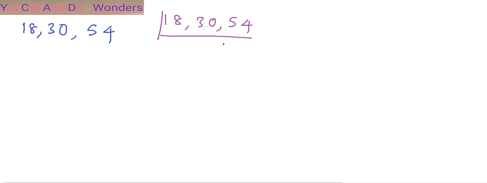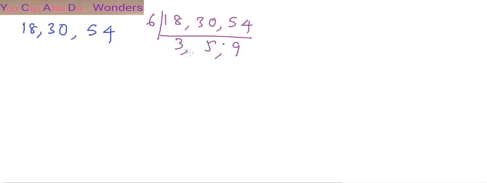Suppose you are able to divide all the three numbers by a composite number, it's fine, we can divide. For example, all are divisible by 6, isn't it? We can divide by 6 directly. So we need not divide by 2 and then 3. Whichever way you do, we'll get the same result. 6, so 3 times, 5 times, 9 times.